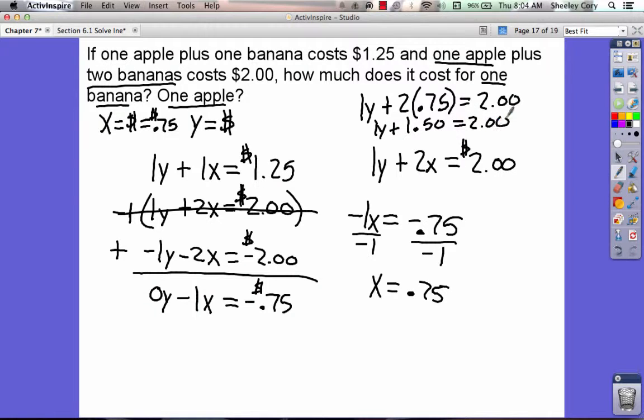And then we can subtract $1.50 from each side. And when we do that, we end up with 1y equals 50 cents. So that tells us y equals 50 cents. So one apple costs us 50 cents. One banana costs us 75 cents.